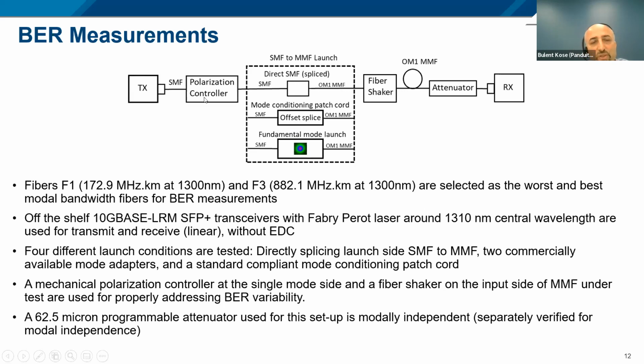I use a polarization controller, an attenuator, and a fiber shaker between the output of my launch and the beginning of the OM1 DUT, so that I can generate variability, because I know that the key about single mode over multimode is variability. Maybe the rotation of the fiber can have some impact and things like this. And I have an attenuator to do a bit error rate performance test.